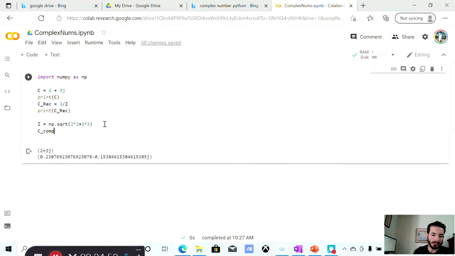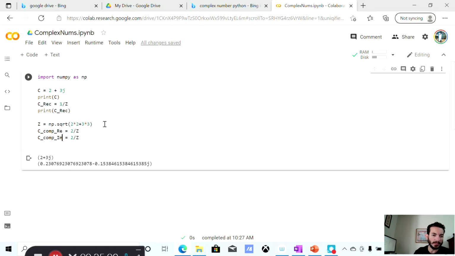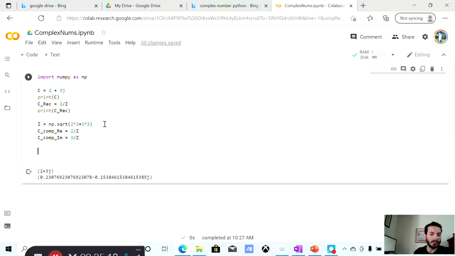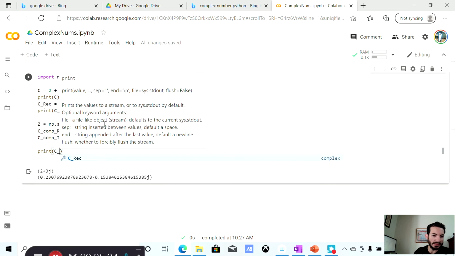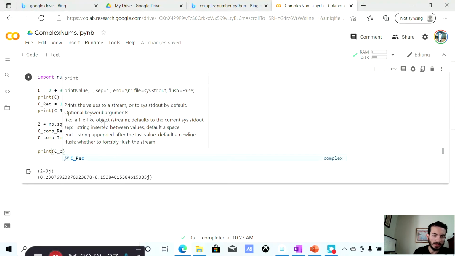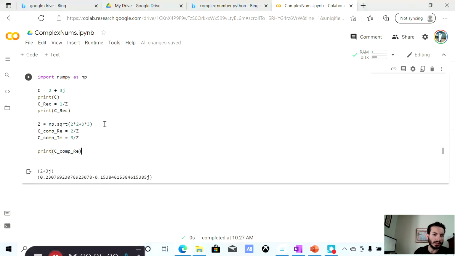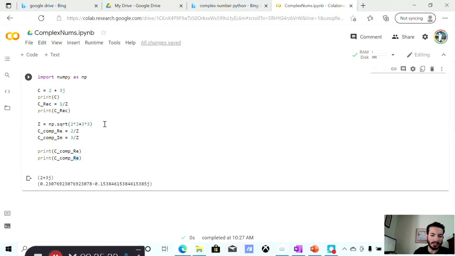If I do a number, c computed real part, equals 2 divided by z, and c computed imaginary part is going to be 3 divided by z. Let me print z, my c computed real, and my c computed imaginary.